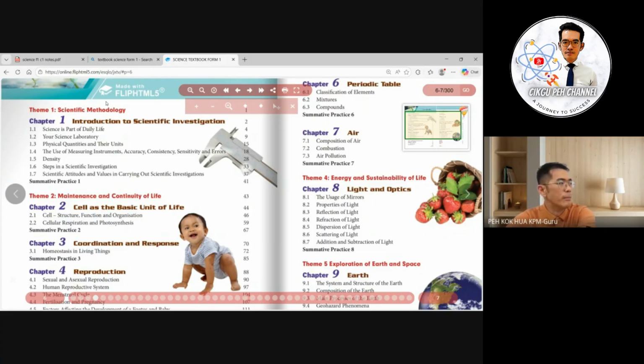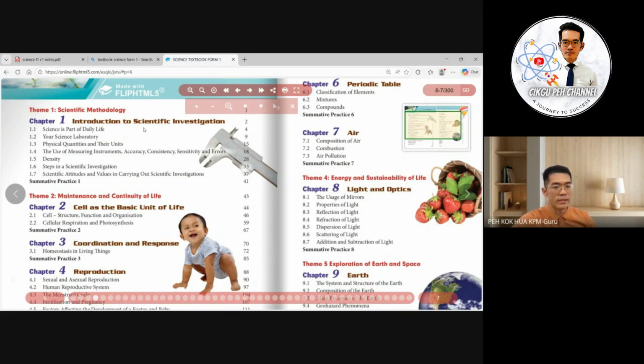Just now I mentioned that we are going to go through 9 chapters in total. Chapter 1 will be the easiest one, Introduction to Scientific Investigation, with about 7 subtopics.